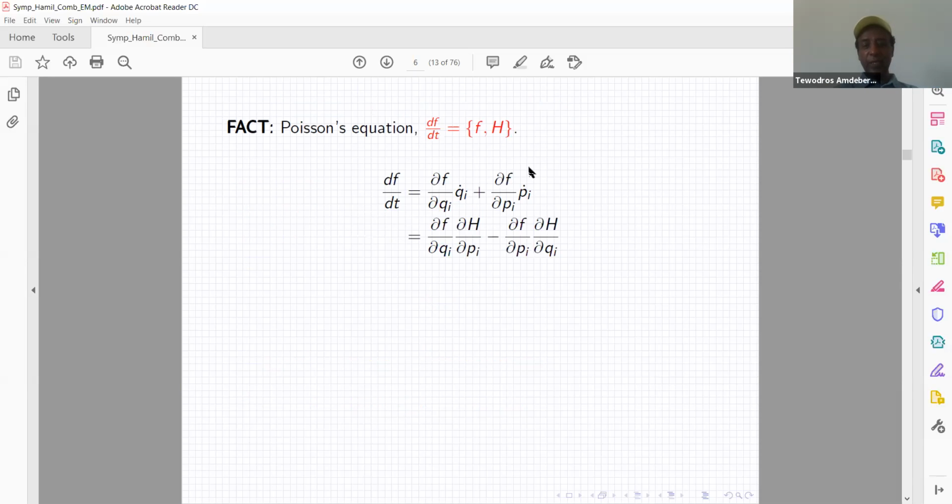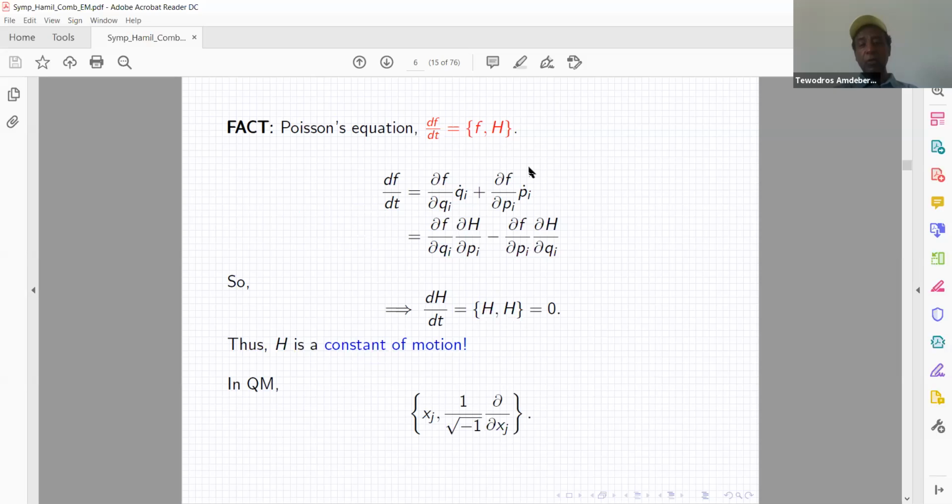And the Poisson bracket will help you translate the Hamiltonian equations into the Poisson formulation. We don't need to follow too much into this. The only thing we should see is that when the Poisson bracket of H is taken with itself, the Hamiltonian, then there's a constant of motion because the derivative is 0.